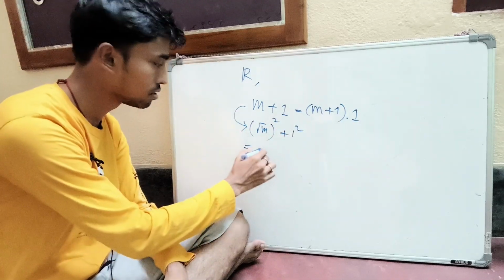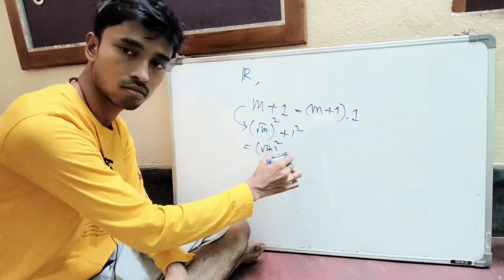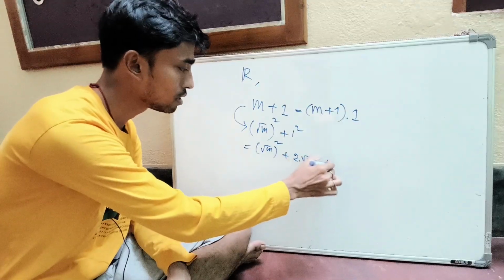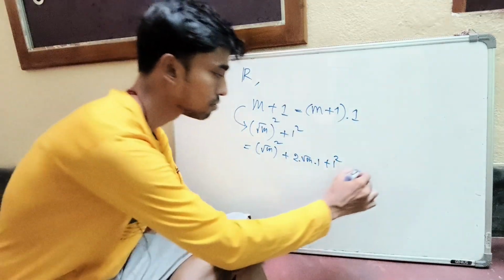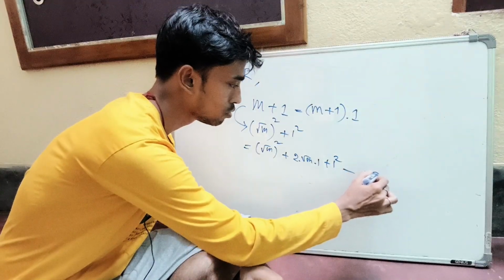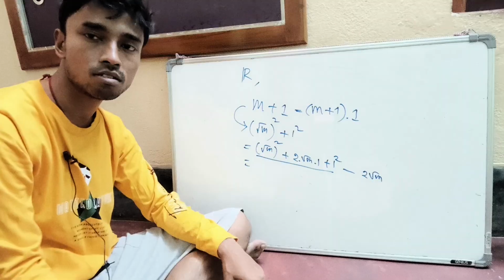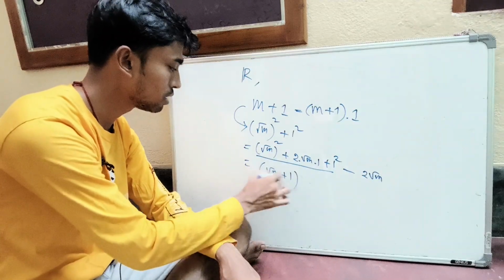Then you write like this, root m square plus 2 into root m into 1 plus 1 square. Since there is an extra 2 root m, we give minus 2 root m. Now you see that this part is basically a square, so root m plus 1 whole square.